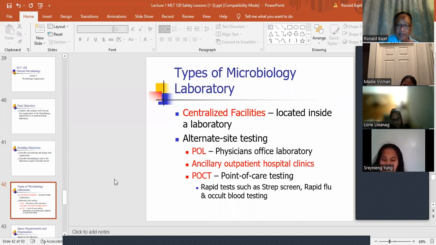Then you have ancillary outpatient hospital clinics where you don't have any inpatients, but you have outpatient draw stations, which can also have an urgent care. And then you have point of care testing, where you can do glucometer testing or strep throat testing, or you can do COVID testing. I mean, COVID testing can be a waived test, okay?